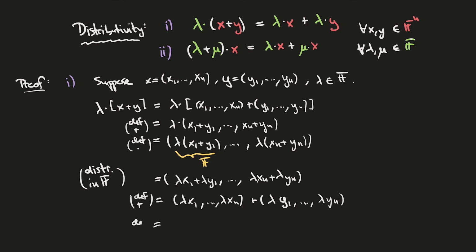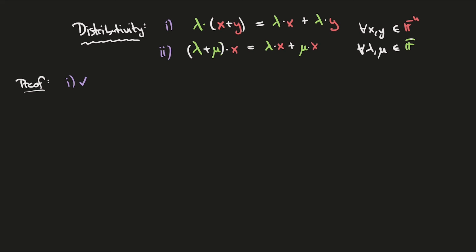Now we may apply the definition of scalar multiplication to get the lambda out of the expression, so that we have lambda times (x1 up through xn) plus lambda times (y1 up through yn), and this, now replacing x1 through xn by x and y1 through yn by y, is just lambda x plus lambda y. And this is what we wanted to show.